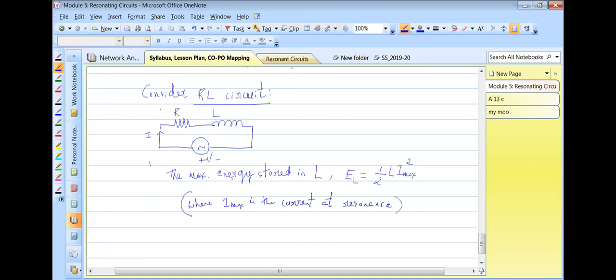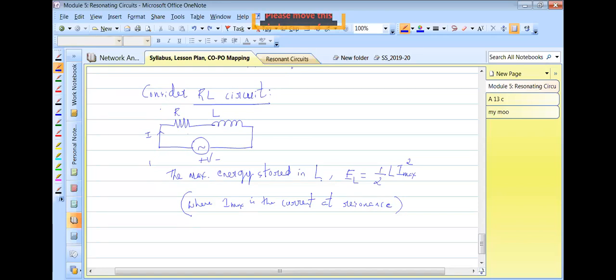Because we are talking about the maximum energy, so we have considered the maximum current. Everybody is okay with that? So the maximum energy stored in L is EL equal to half L Im squared, where Im is the maximum current, the current that flows at resonance.